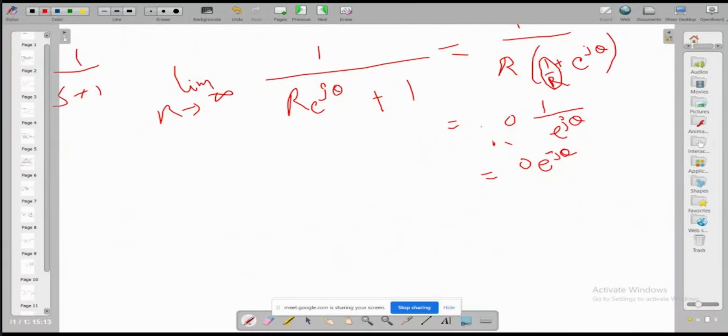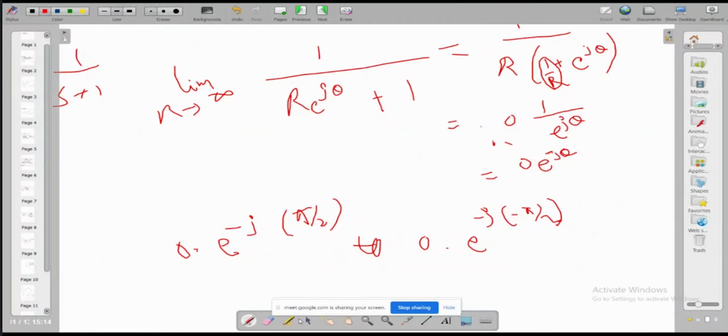So already the minus sign is there, so it will be minus j pi by 2 to 0 into e to the power minus j minus pi by 2.